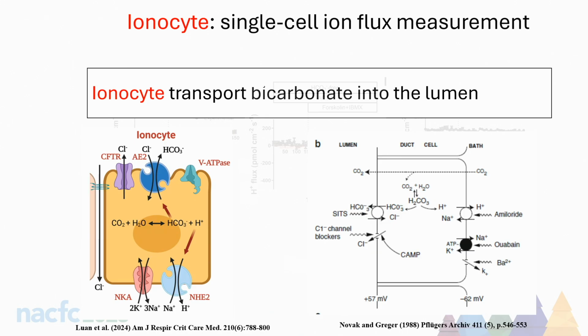DIDS is a very non-selective inhibitor of an ion exchanger. Do you have an orthogonal means of proving that it is the chloride bicarbonate exchanger that you're actually silencing? Well, we don't have it and we never will, because there's been a century of trying to block chloride transporters, and they all suck.